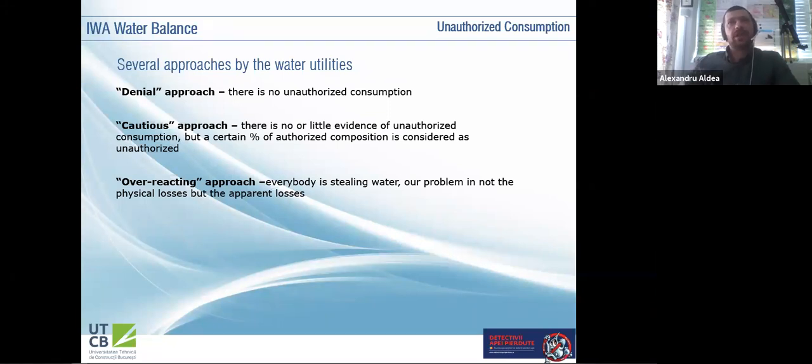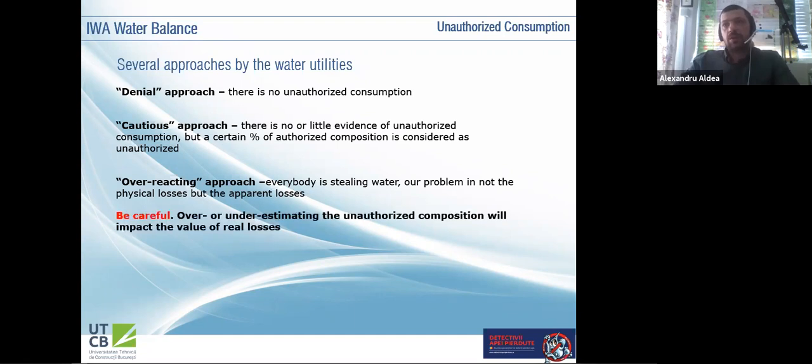In fact, none of the other approaches offers a very good solution, because no matter how you estimate the apparent losses using the top-down water balance, it will impact the real losses. Either you overestimate or underestimate this, your estimation will impact the value of the real losses. And you want to have a value of the real losses as realistic as possible.